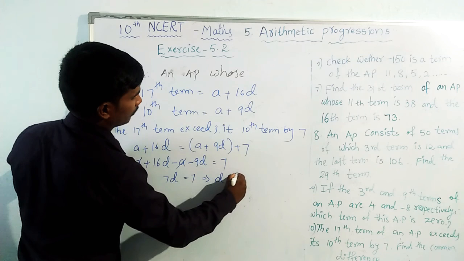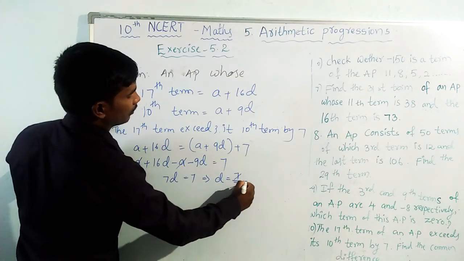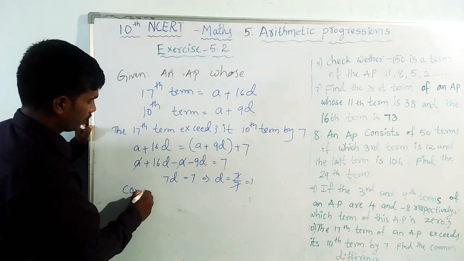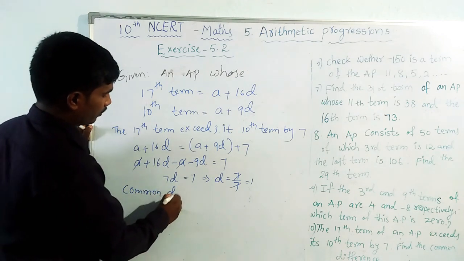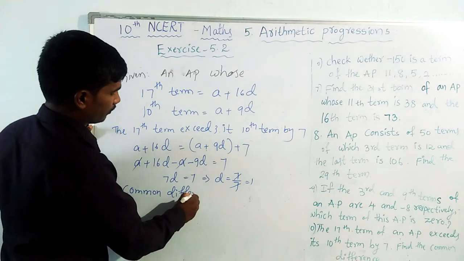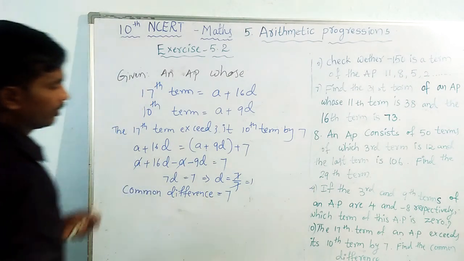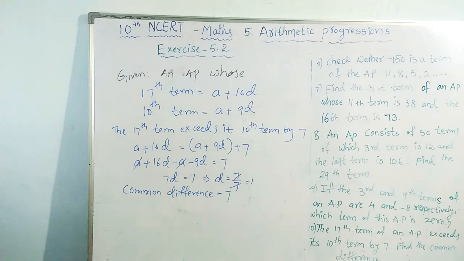D is equal to 7 by 7. So D is equal to 1. Therefore, the common difference is equal to 1. That is the 10th problem. From the given information, we got the D value.